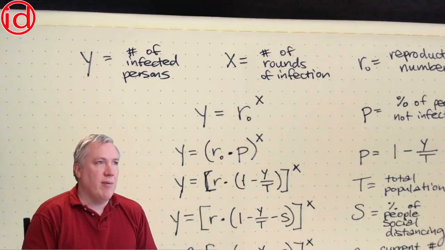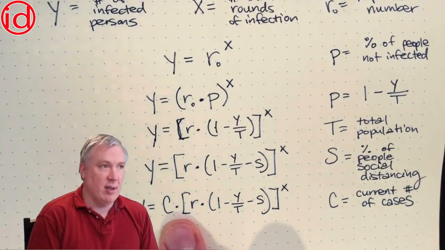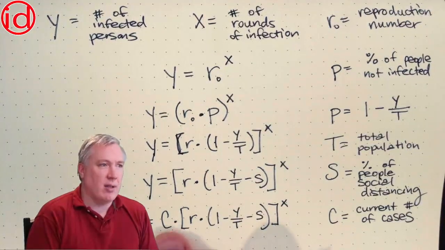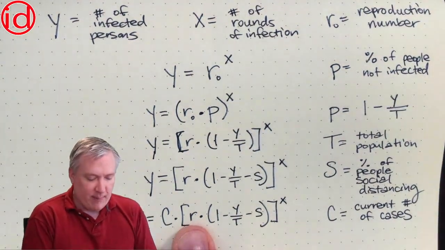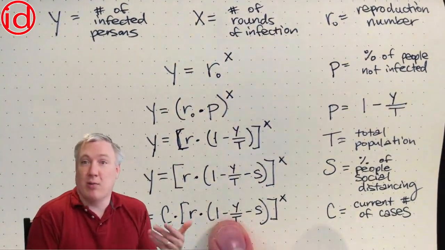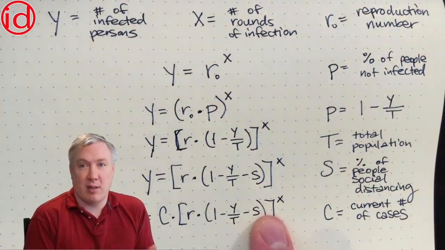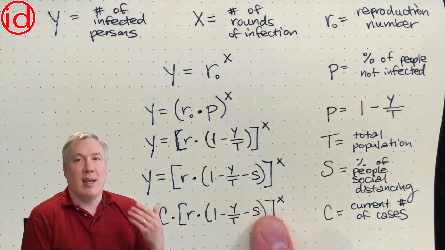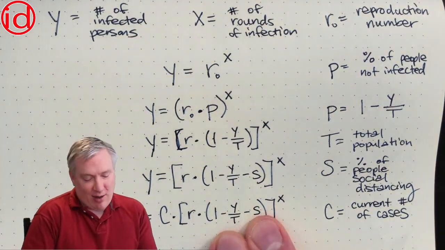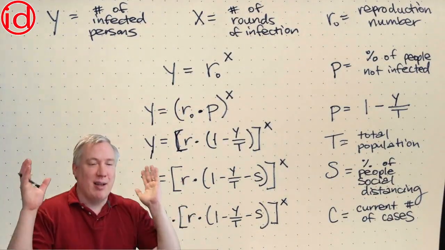The number of infected persons, y, is equal to the current number of cases, infected persons, times, and then in this whole parentheses is this reproductive number, the rate at which this disease spreads, times a percentage of the people who can actually still spread the disease, because it's 100% of people minus the people who are already infected minus the people who are social distancing leaves what percentage of people can spread the disease. Okay, and now I know that there are going to be people in the social distancing category who've already been infected, but we're going to keep those as separate categories for the math. So in case you were thinking about that, we're just going to make it simple.